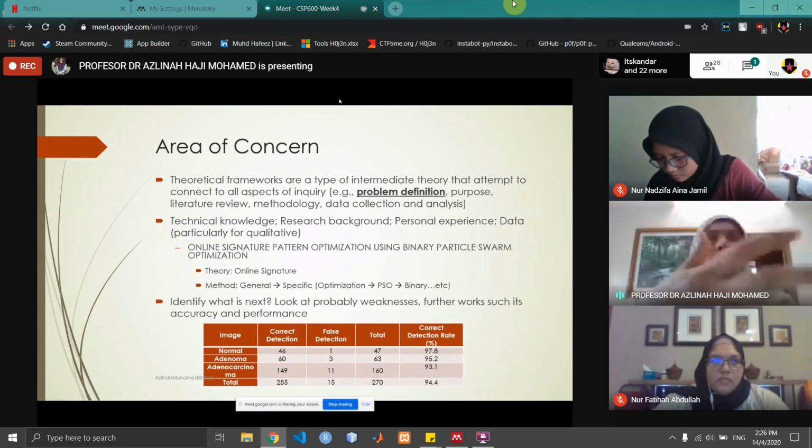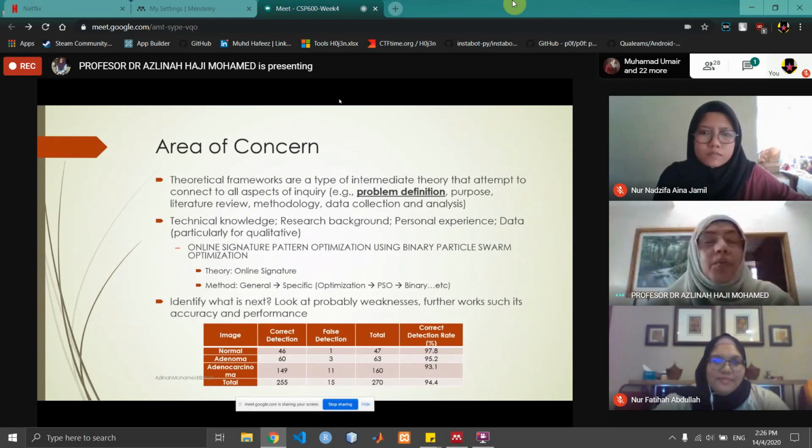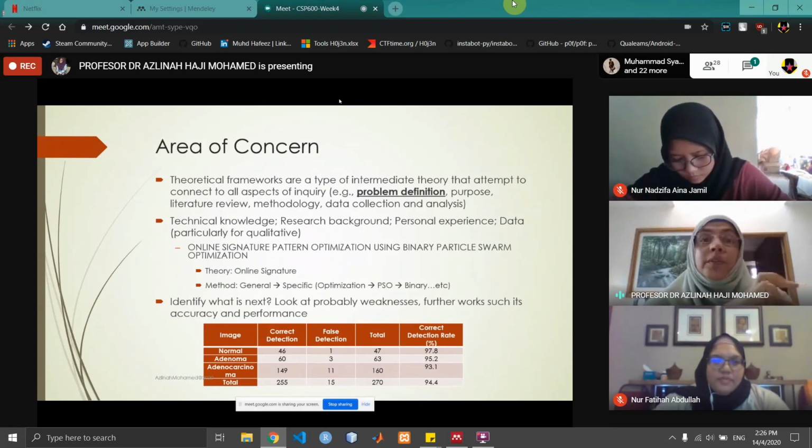So you need to get a lot of papers that give you some ideas about what it is all about. And then there is also the method. In method, you can go from general to specific. In this case, if you look at the title, the general topic is optimization. So in general, you need to look at every method available in optimization.